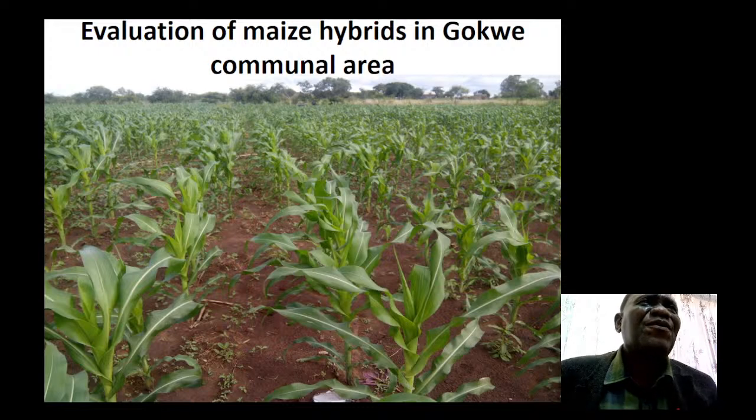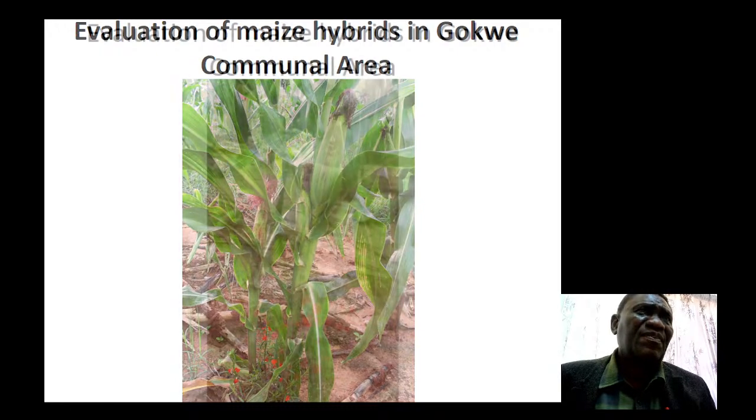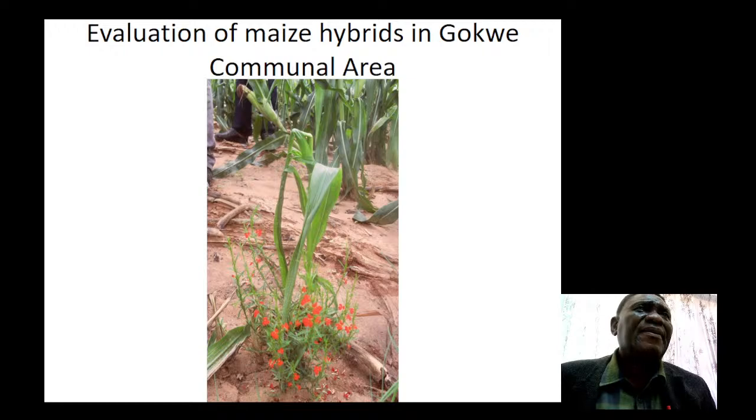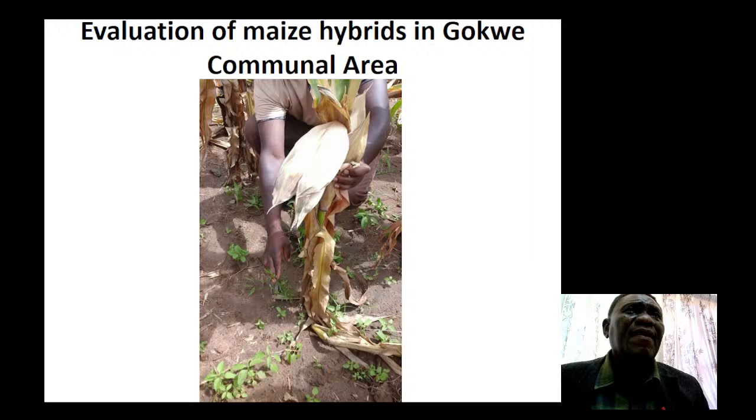This is the evaluation of maize hybrids in Gokwe communal area. This is a tolerant hybrid in Gokwe. You can see good crop. Striga, this is now a maize plant which is very susceptible. You can see this maize crop, the good maize crops.